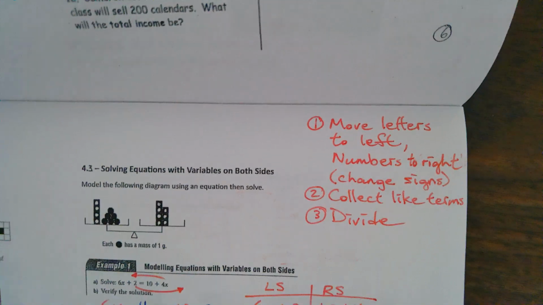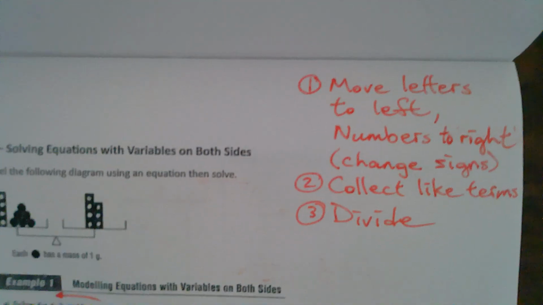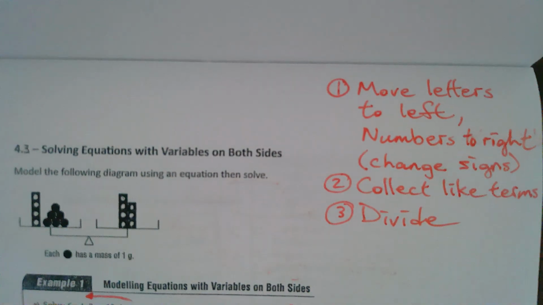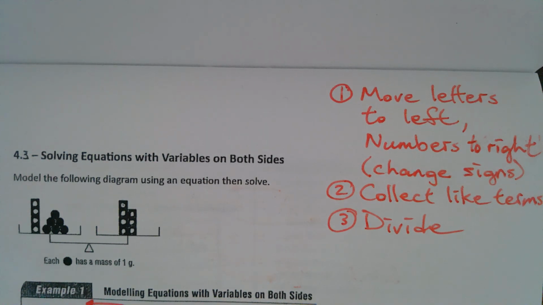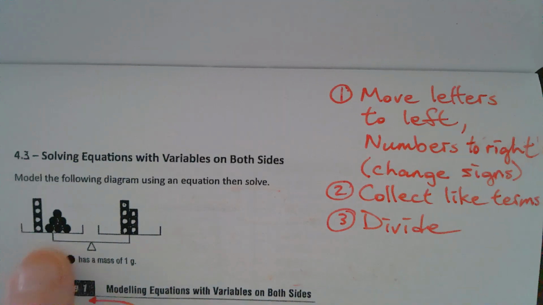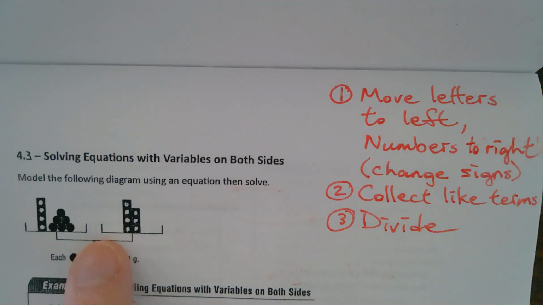Okay, so page 8. Today we're going to talk about how to solve when we have variables on both sides of the equation and not just on one side, which we've been working on for the last couple of days. Okay, so let's say I have a scale right here and notice they're balanced.